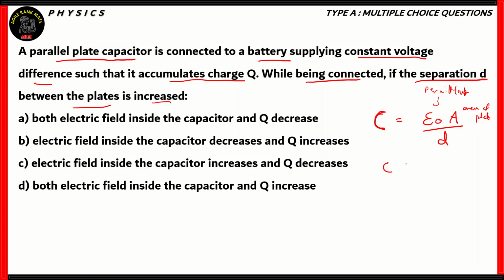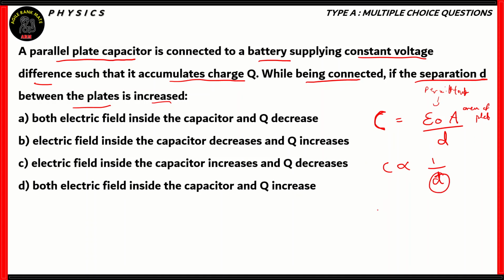So therefore, capacitance is inversely proportional to the separation.